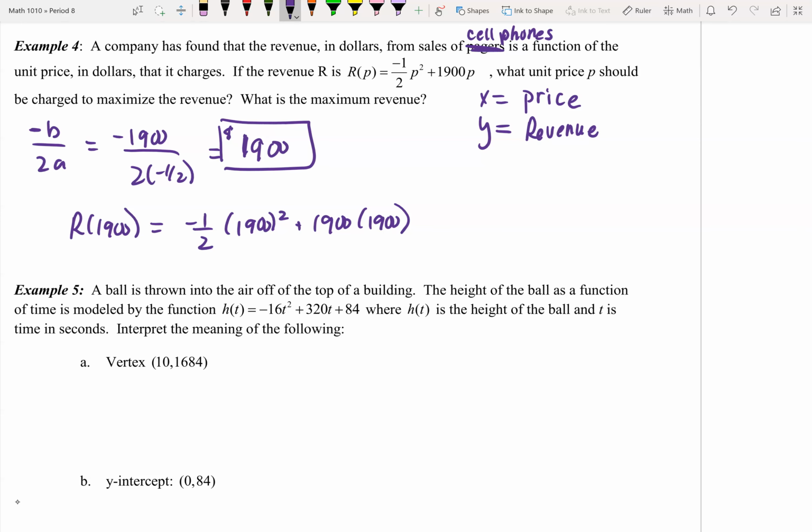Negative 1 divide 2, parenthesis, 1900, close it, x squared plus 1900, parenthesis, 1900, close it, hit enter, and I get 1,805,000. Everybody in the room, tell me the label. Dollars. The dollars does not go at the end. It goes at the front.